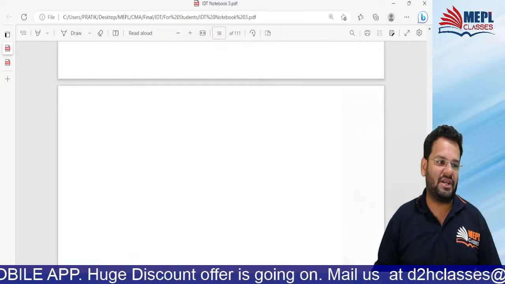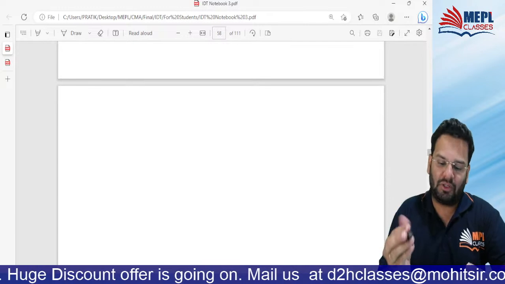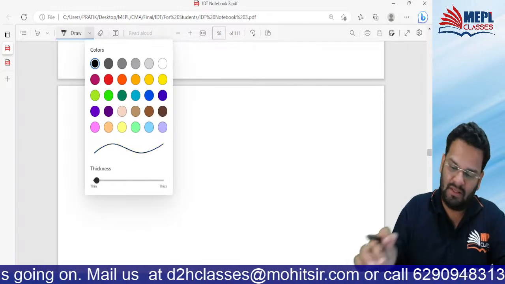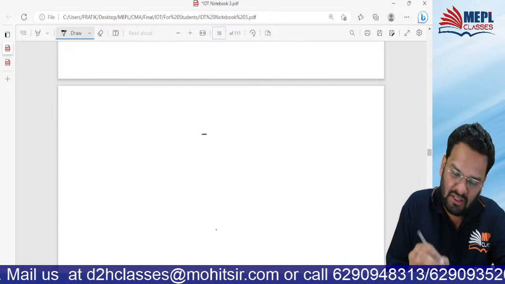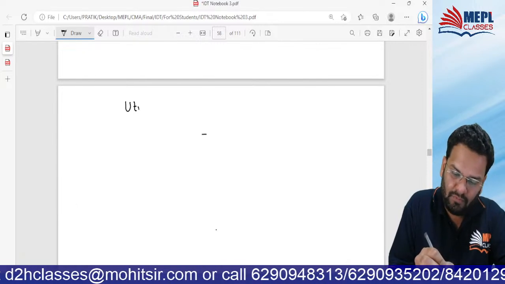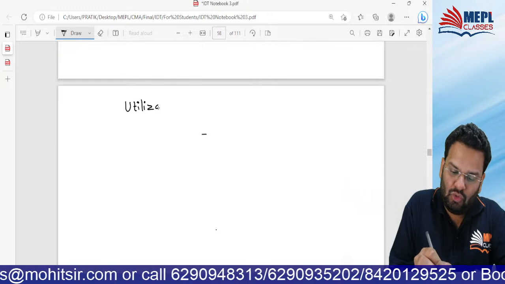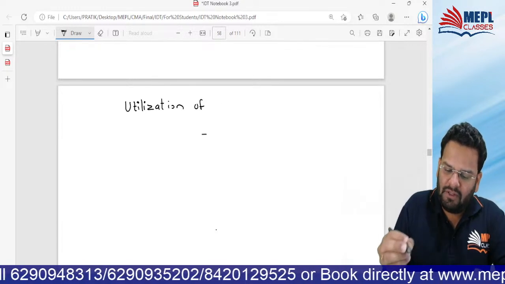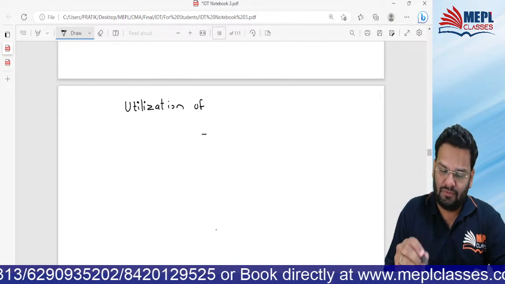Shall we go ahead and check how to use the input tax credit? Yes. So we are checking now utilization of input tax credit. Why will input tax credit be used?